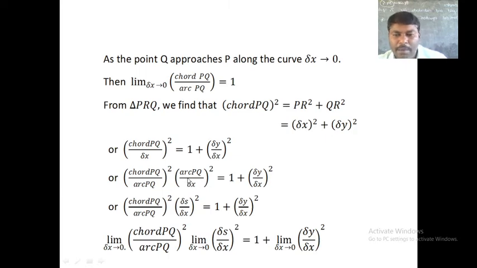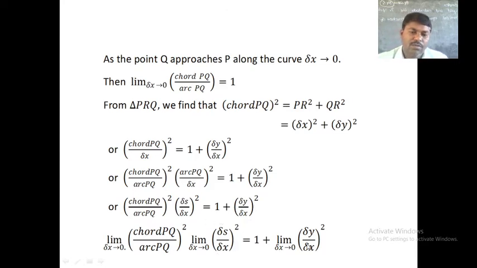Here multiply and divide by arc PQ whole square, so we get chord PQ by arc PQ whole square into arc PQ, which is delta s, divided by delta x whole square, is equal to 1 plus delta y by delta x whole square. Apply the limit on both sides.